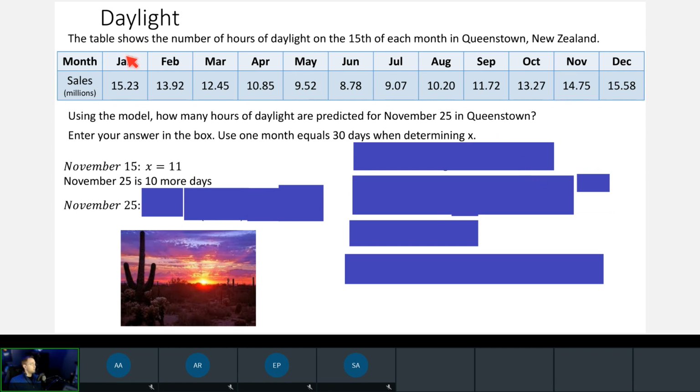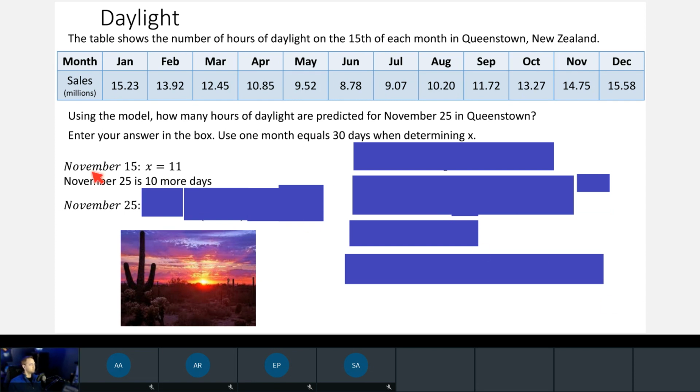For this problem, I forgot to state that we want to use, I do state it here, 1 month is 30 days. So what Emily says is 10 days is 1/3 of the month. So we're going to take the 11 and then add a third to it.